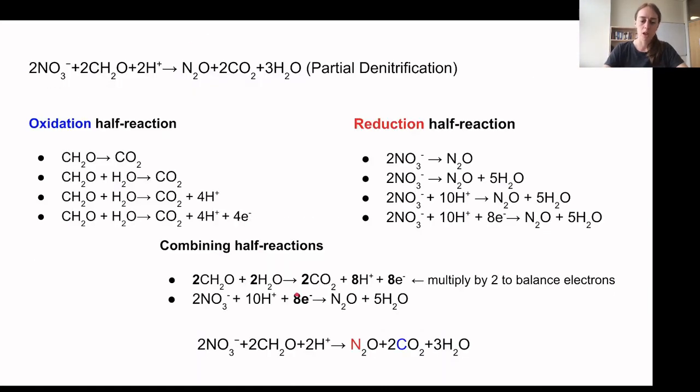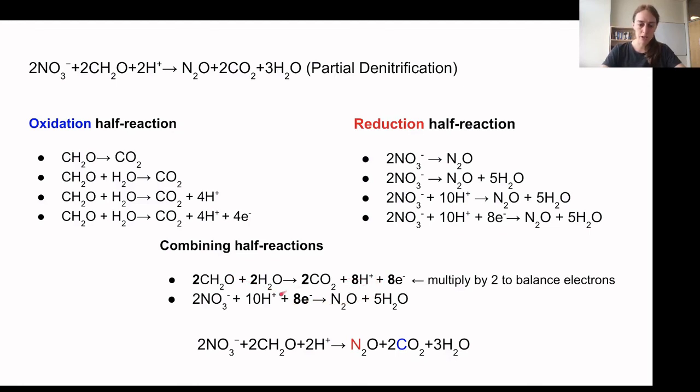So moving backwards, just to finish this off, we balanced our electrons, and then we can add them together, and we can see what cancels out here. Our electrons are going to cancel out.